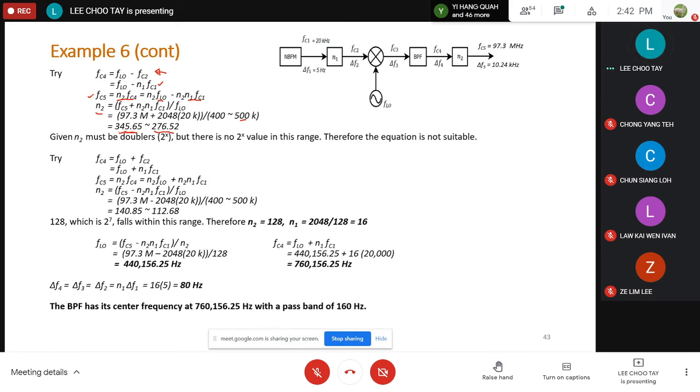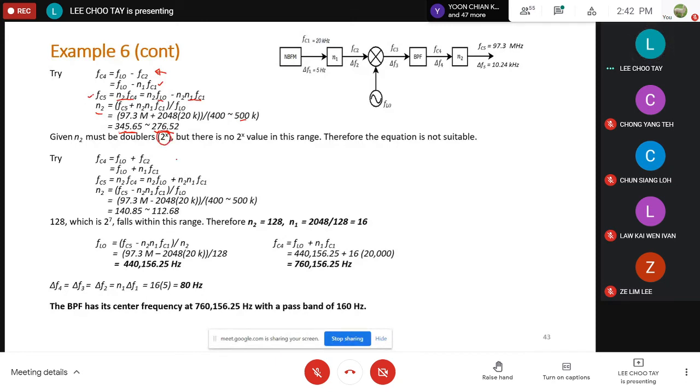Within this range of numbers, N2 must be a factor of 2, which means it has to be 2 to the power of x.